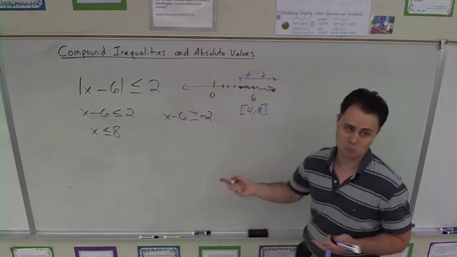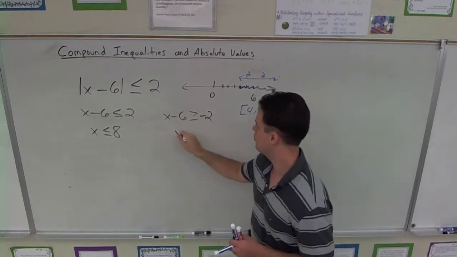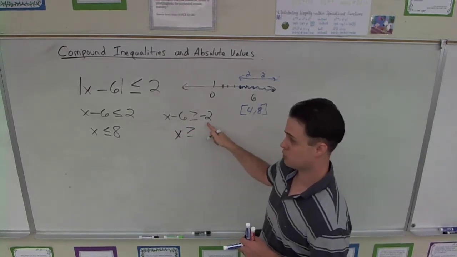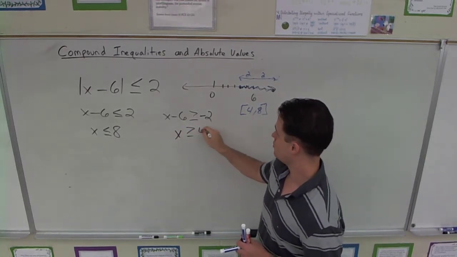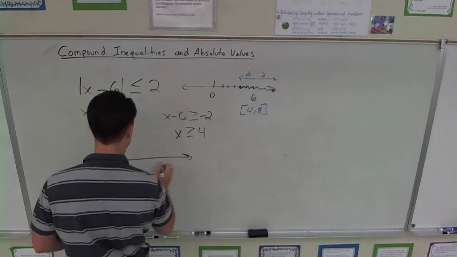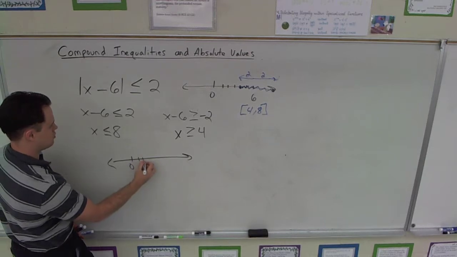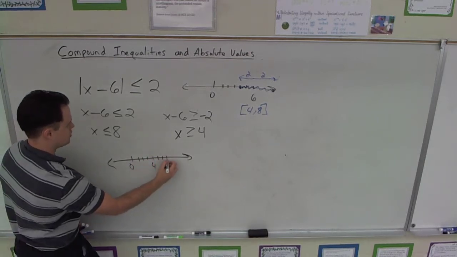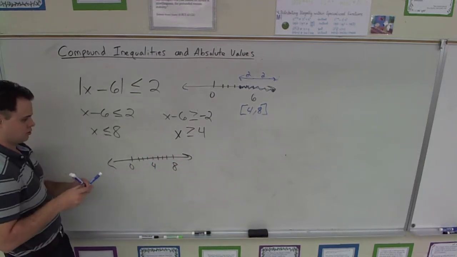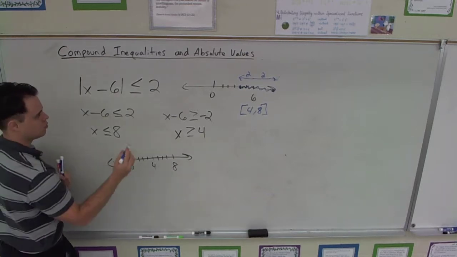So change. That's how I remember the algorithm. Change. And if you solve that one, you'll get plus 6 is 4. Let's graph those separately and see if it looks the same as our picture. So we've got 0, 1, 2, 3, 4, 6, 7, 8. Greater than 4.